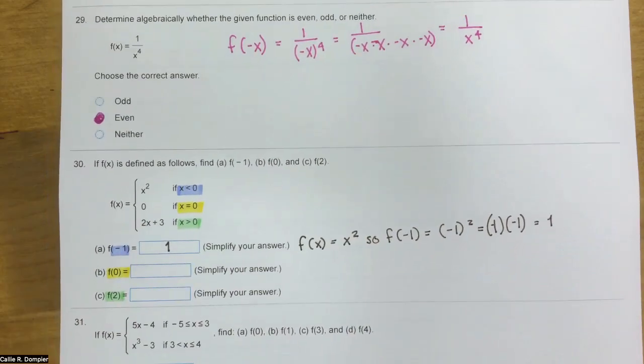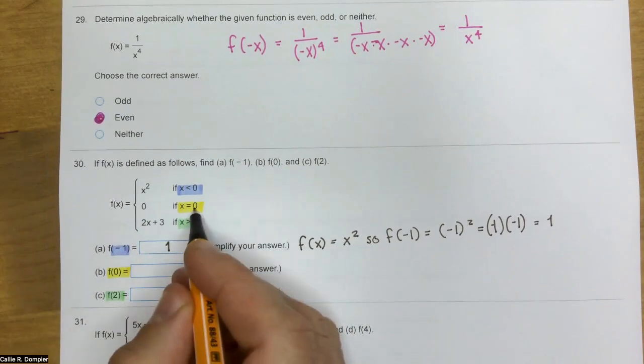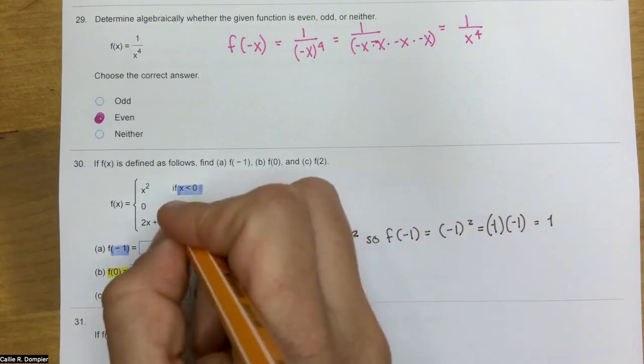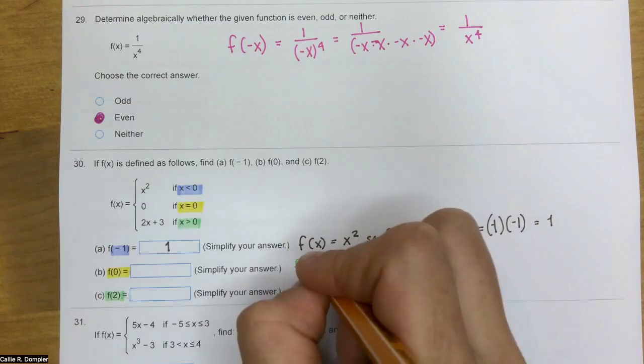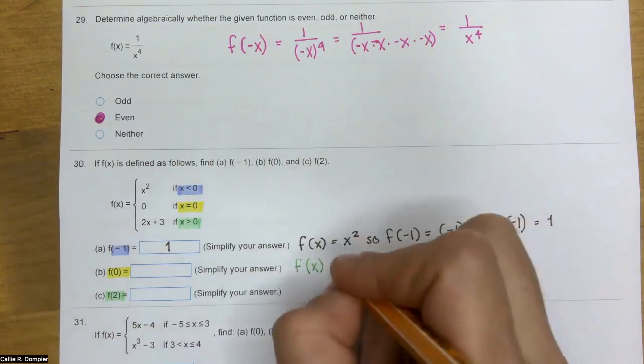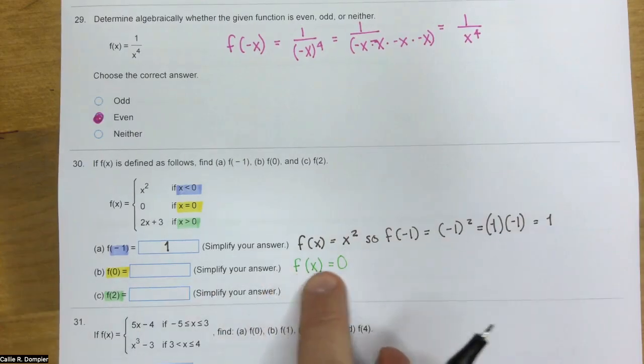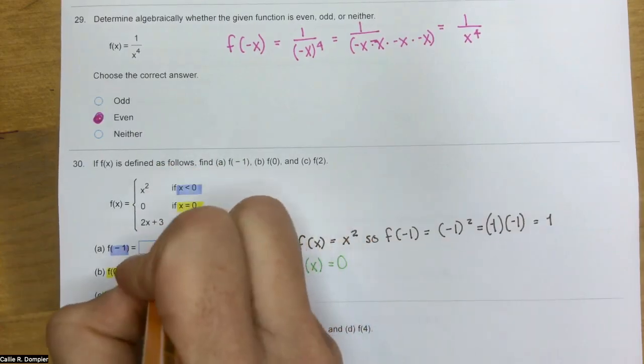All right, for the next one, f of 0 means f of x equals 0. There's not even a place to put in an x. You just say it's 0.